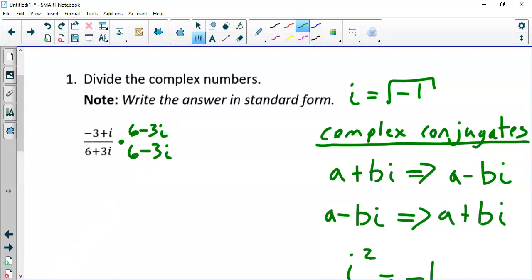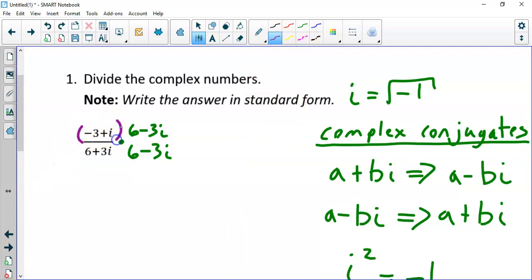In the denominator, these two are complex conjugates of each other, so I only have to do Florida: multiply the first, multiply the last. In the numerator, since these are not conjugates of each other, we'll have to do full FOIL.